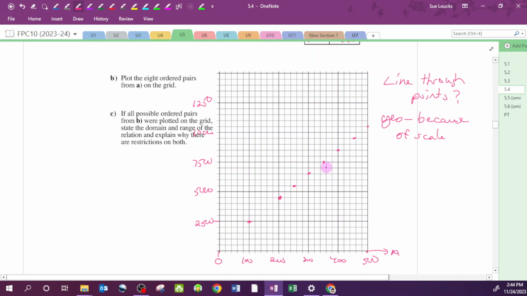It's just every integer from 100 to 500, but I can't put 400 dots between here and here without it looking like a solid line, right? So I'm just going to put a line through all of it with a ruler. I'm not going to do that because I'm the teacher. Sorry. But you use a ruler, only because of the scale.